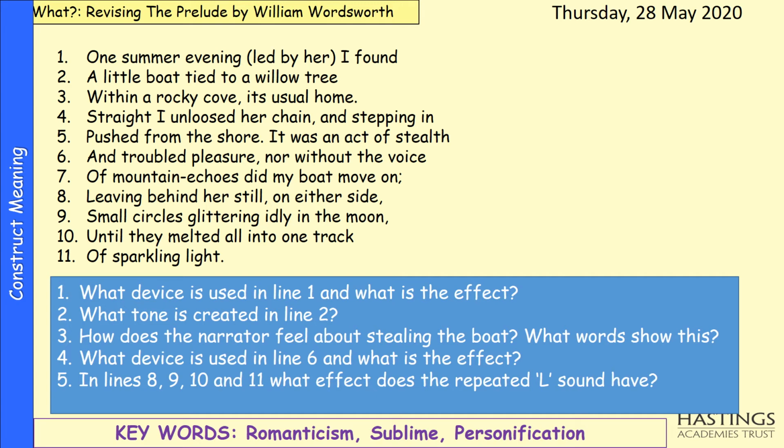What the L sounds do there is they maybe create the sound of the boats moving gently through the water, and the imagery creates a feeling of confidence and peace. Okay, what we get here is this very peaceful image. There's no resistance in the water, it's just glittering idly, melting away, sparkling light, very peaceful, lovely imagery that creates this calm environment, okay, for the beginning of this poem.